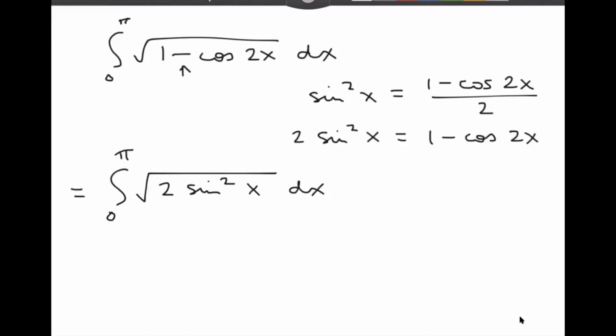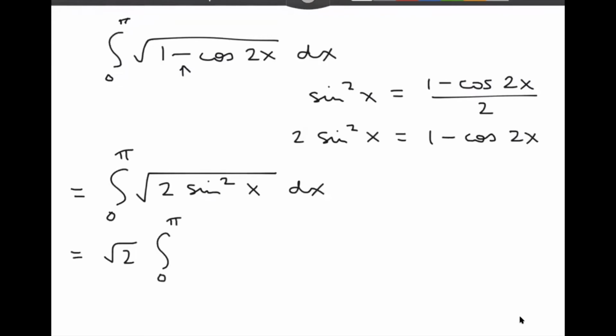All right, now I want to be super careful here. The square root of 2 sine squared x would be the square root of 2, which I will put out here, times the square root of sine squared x.